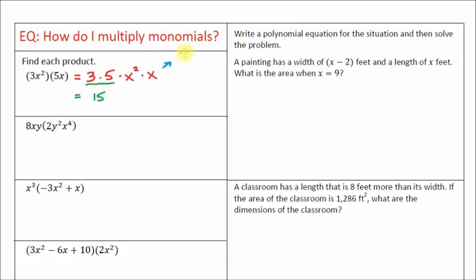X squared times x is really just x times x times x. Well, x squared is x times x, and then we just multiply another x. So you can see x times x times x is x to the third. Let me move this up a little bit so we get a little more room here.